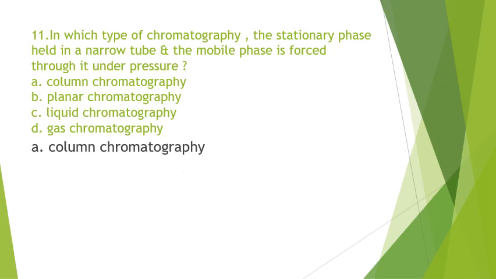In analytical chemistry, it is a method for separating a mixture of substances in which a liquid or gaseous solution of a mixture is caused to flow through a tube packed with a finely divided solid, which may be coated with an adsorbent liquid, or through a long capillary tube bearing a thin film of adsorbent liquid.